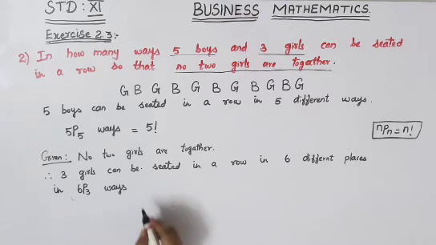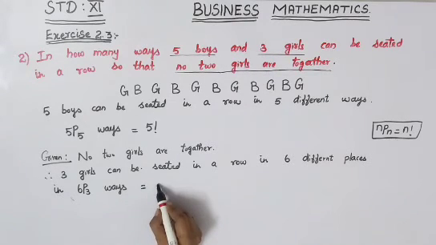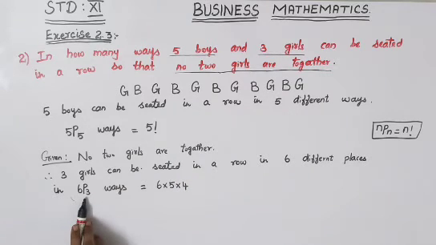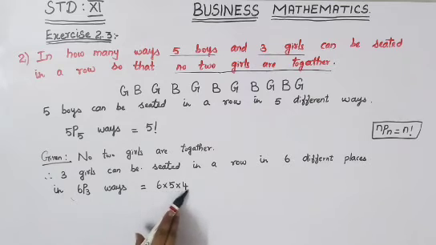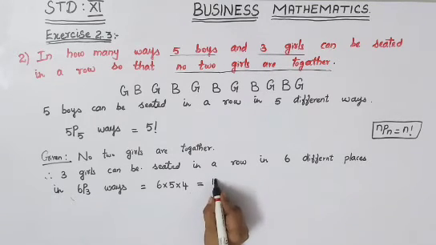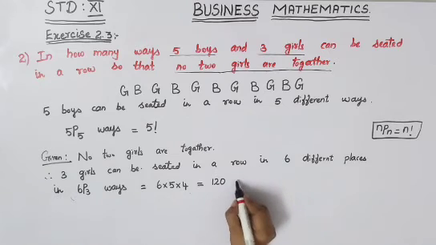So that is equal to consecutive 3 numbers, from 6 you will have to write. So 6 into 5 into 4. Instead of writing the nPr formula, you can also write it like this. Just check how many numbers are there: 3 means 3 digits. So 6 into 5 into 4, the consecutive numbers in decreasing order, which when you multiply you get 120 ways.